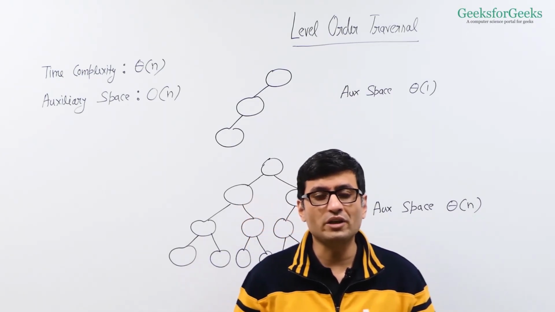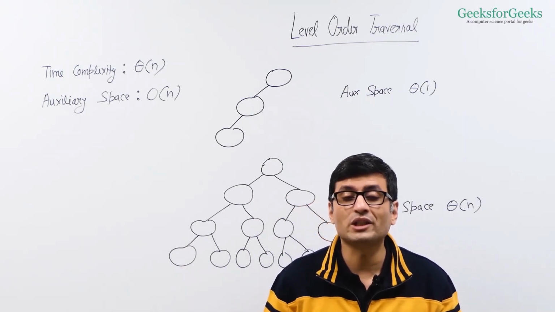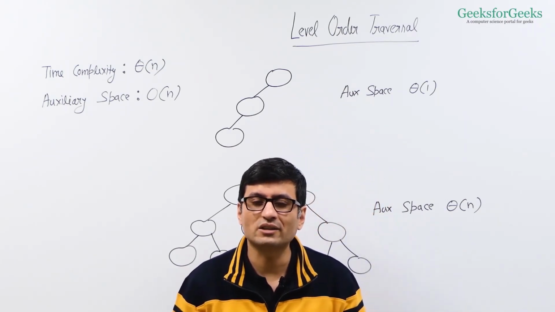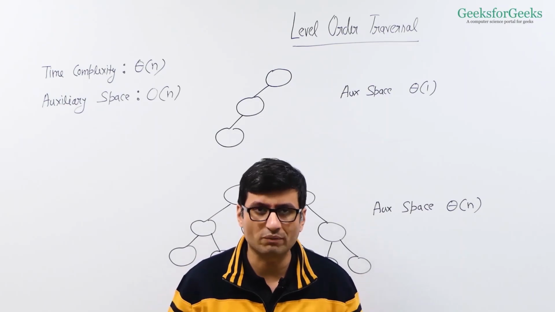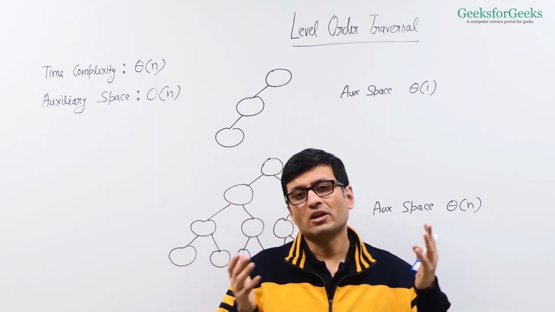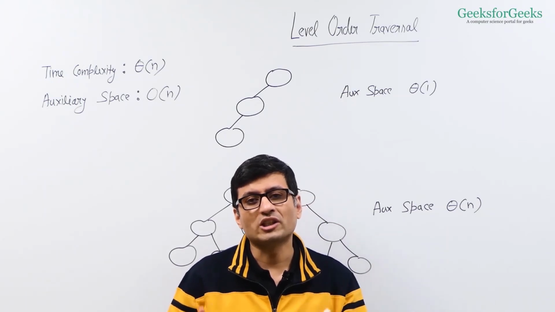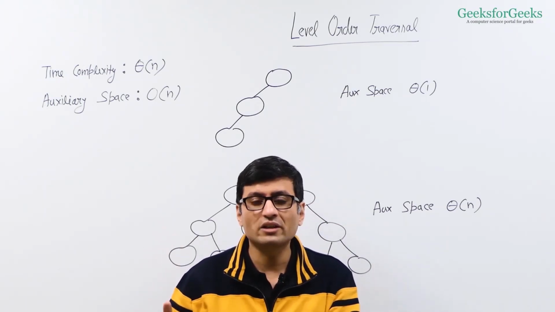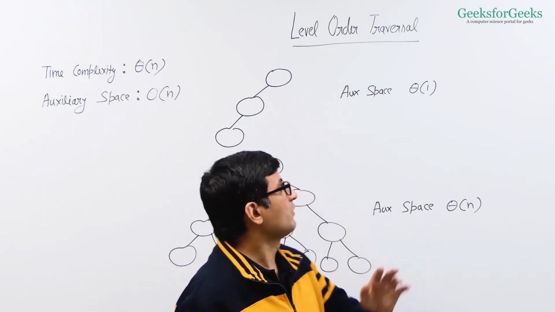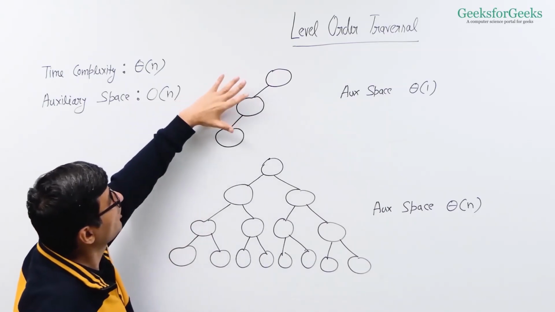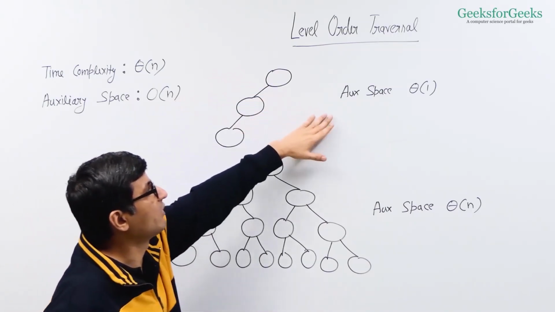So if we want to be doing exact analysis, we can say auxiliary space is equal to width of binary tree. Like in recursive traversals or depth first search traversals, your auxiliary space is height of binary tree, here it's width. So if your tree is skewed, your auxiliary space is going to be theta 1.